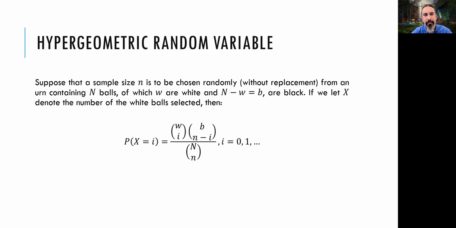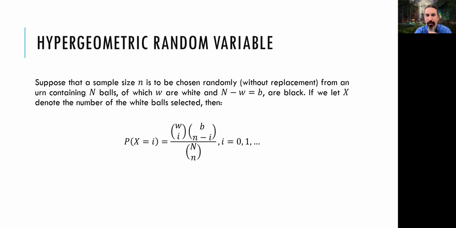And another random variable is the hypergeometric random variable. Now this one is familiar because we have been using this one since the second week. We already know how to use this one. So, for example, this is the choosing random variable. We have a sample of size n, which is going to be chosen from N balls, capital N balls.